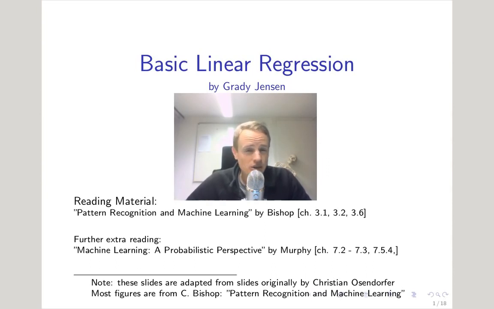Now, I know that neural networks and deep neural networks are all the rage in the news right now, but linear regression and the linear classifiers that we'll talk about in another lecture series are the real workhorses of machine learning in industry. Why? Well, it turns out that you can get a hell of a lot of insight into correlation and class separation with these methods.